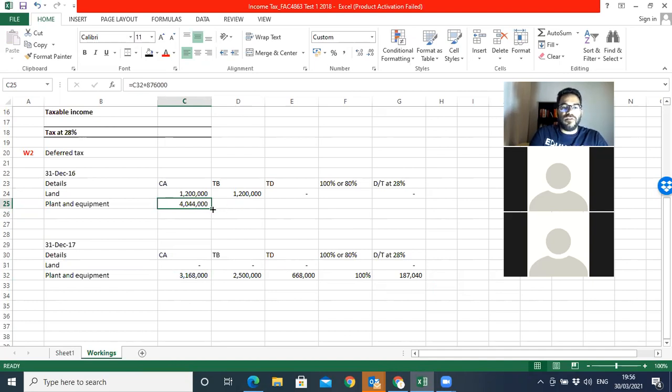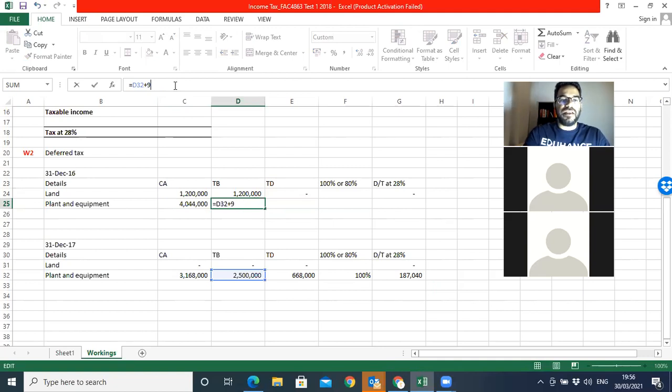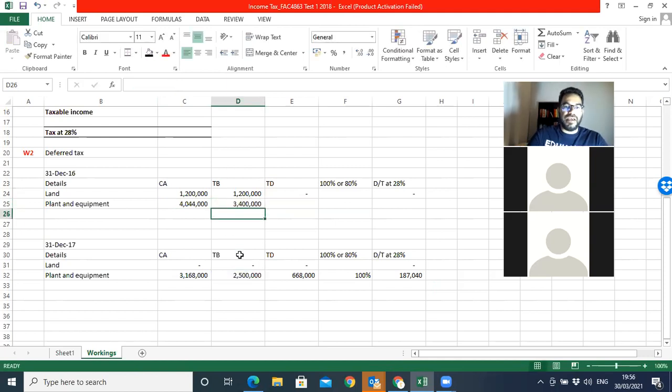Applying the same thinking for the tax base, it will be the 2.5 million plus the tax allowance that went through the current year of 900,000 Rand. So that would be the tax base over there.